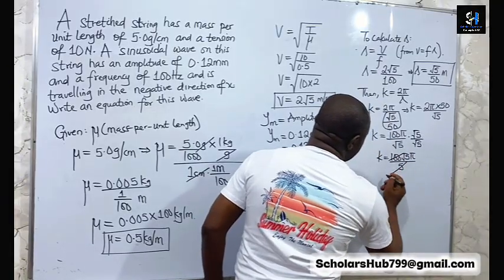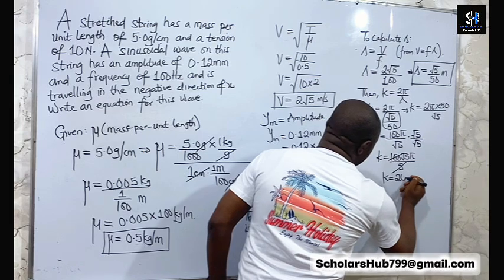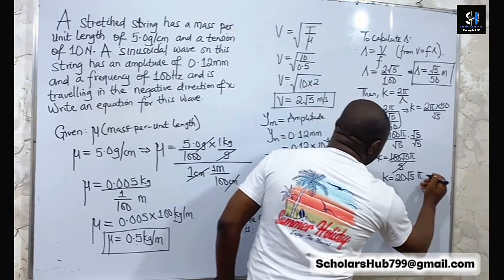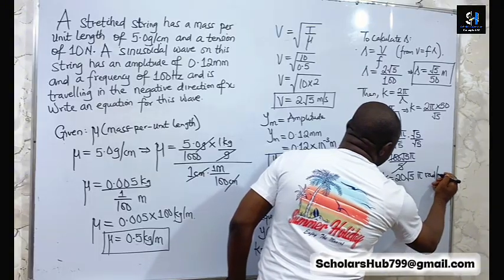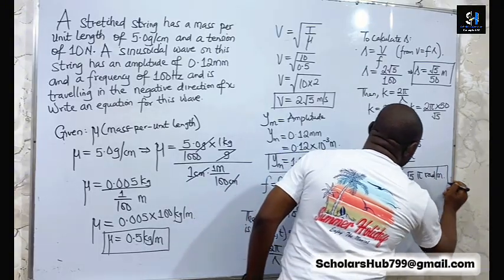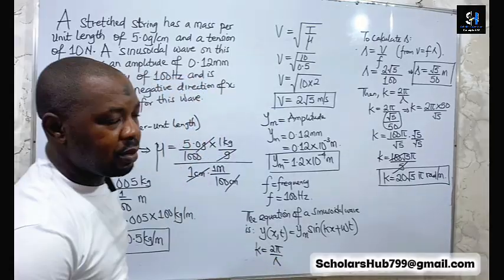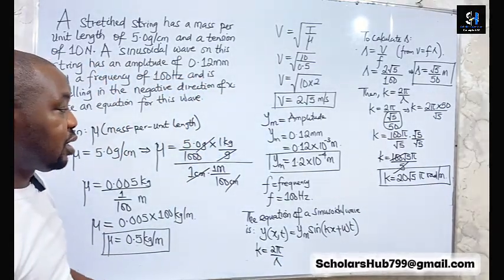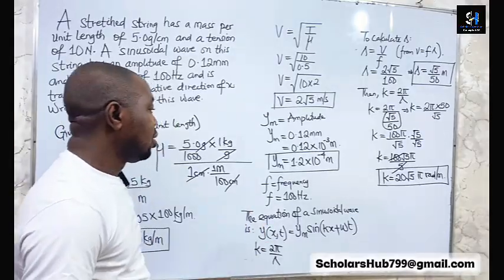So 100 divided by 5 is 20, and we have 20 root 5 pi. This is in radians per meter. So 20 pi root 5 radians per meter is the wave number.